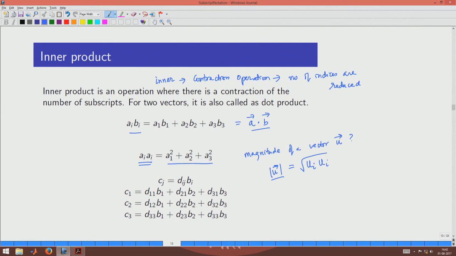You could also use the idea of the contraction operation over quantities that are of higher order also. So, what are we doing in this expression? The index I is reduced and only the j is remaining.